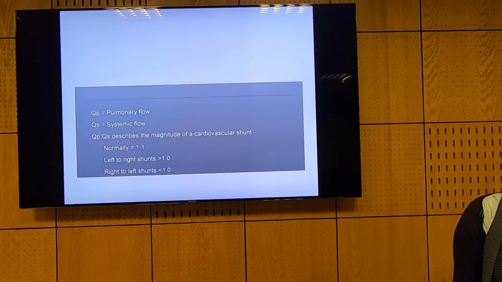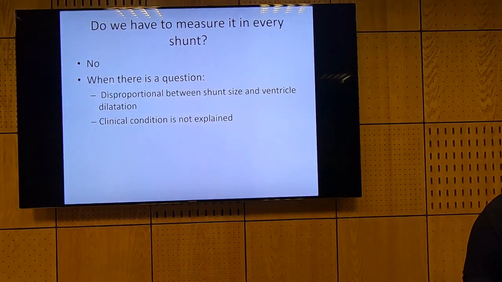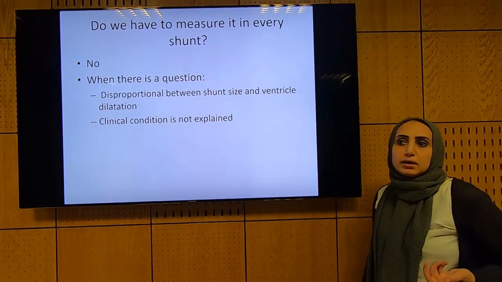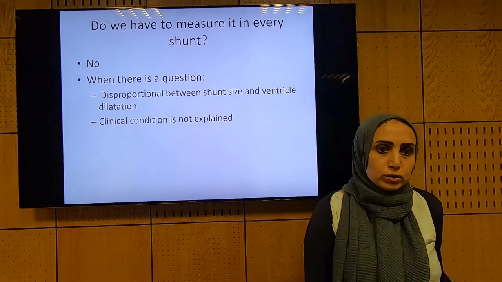Do we have to give this figure in each shunt that we have? So I have an ASD, shunting left to right, it's a hemodynamically significant shunt, and the pulmonary artery pressure is 20. So I will not go for pulmonary vascular resistance. Do I, as a cardiologist, have to say what's the QP/QS in that case? Actually not. We don't have to state the QP/QS as a ratio unless we have a doubt about the case.